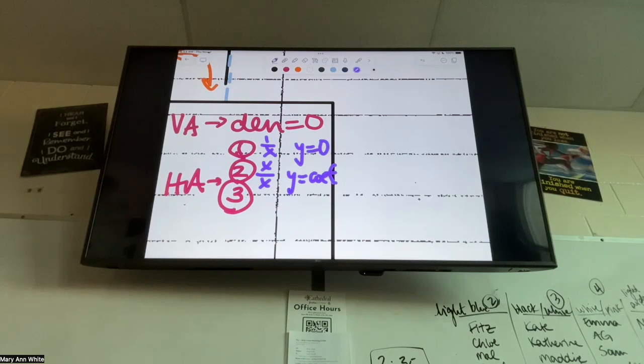And then the last option, which we haven't done much with, but we are going to do, probably not today, we'll probably do it tomorrow or next class, is if the exponent on top is bigger than the one on bottom, we have a slant asymptote, and we have to do synthetic division. So we're going to have a slant asymptote, and we're going to do synthetic division to find that.